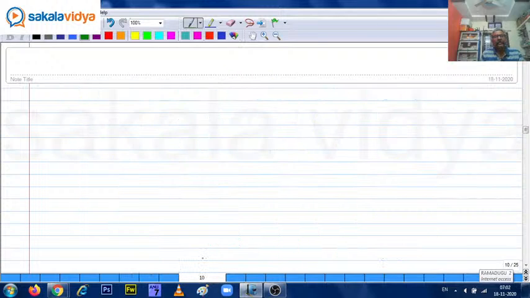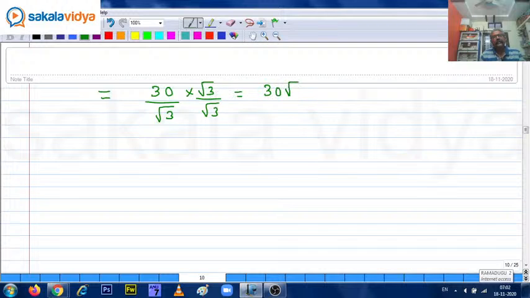So just rationalize it. 30 upon root 3 multiplied by root 3 upon root 3, because the rationalizing factor of root 3, multiply both numerator and denominator with root 3. So you get 30 root 3 upon root 3 into root 3 is 3. 3 ones are 3, 3 tens are 30. Answer is 10 root 3 meters.